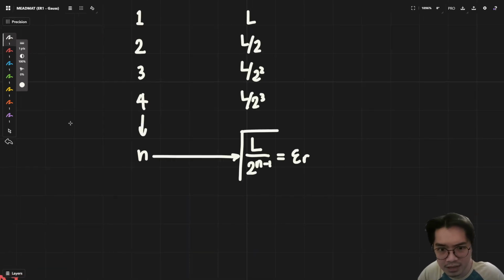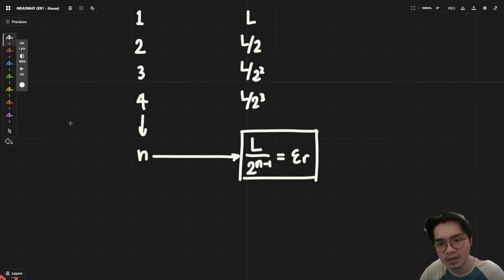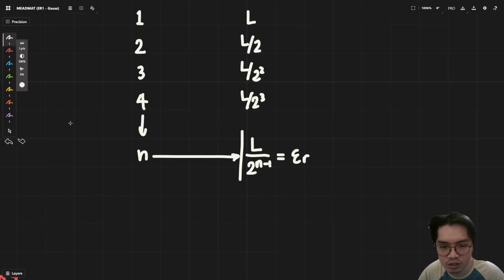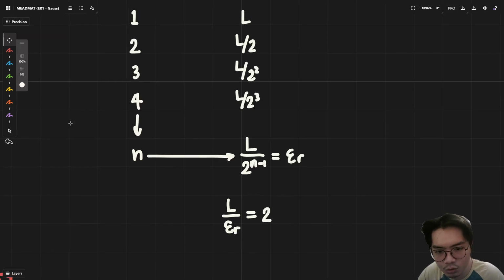We will switch sides in here between epsilon r and 2 raised to n minus 1. We'll have L divided by epsilon r, and then you will have in here 2 raised to n minus 1.